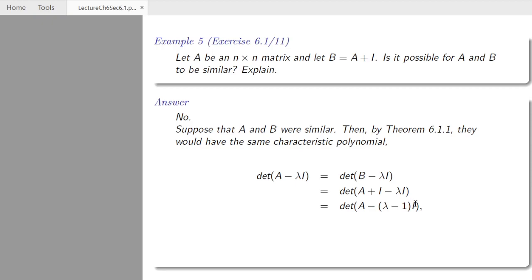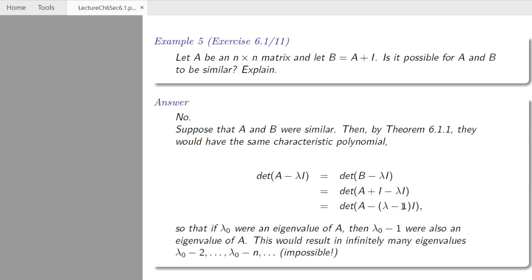Now in this way we can say if we assume lambda is an eigenvalue of the matrix A, then from this side we can say lambda minus 1 is also an eigenvalue of the matrix A. Now continue this way. If lambda 0 were an eigenvalue of A, so that means the first part equals 0, then the second term should also be 0.